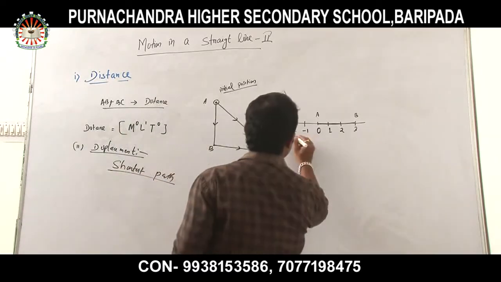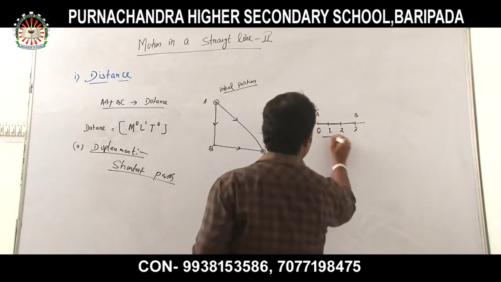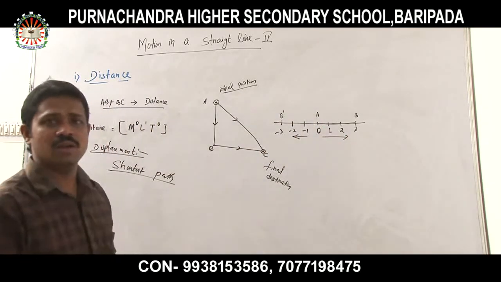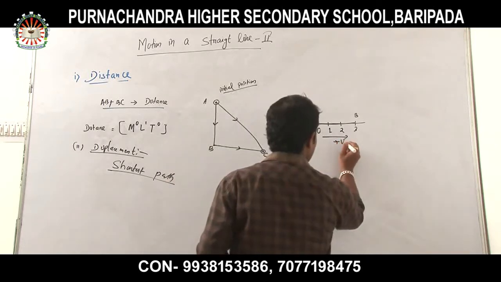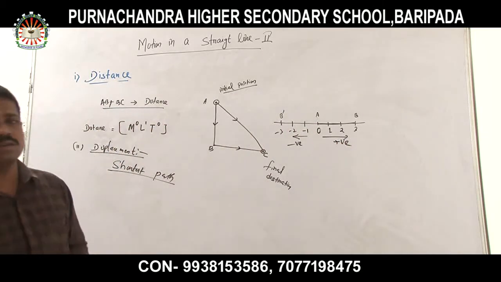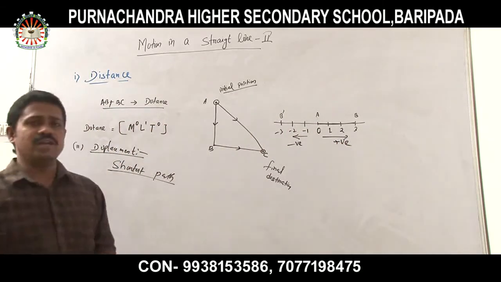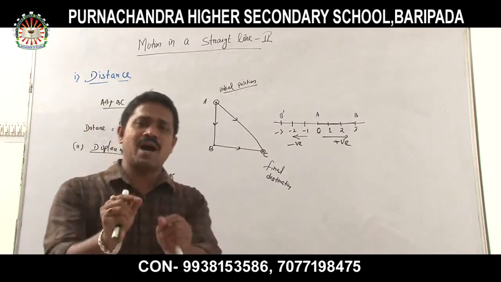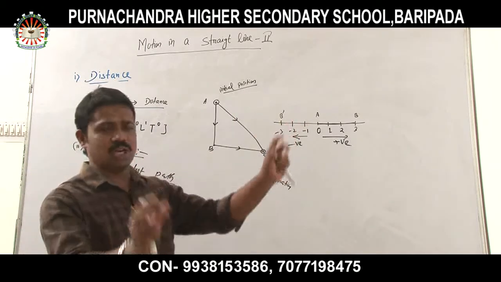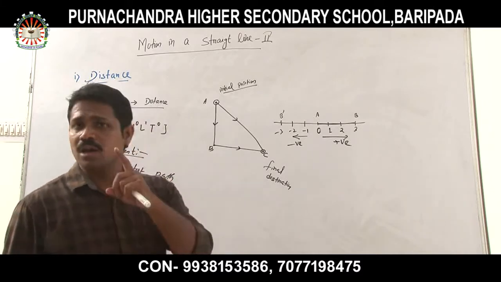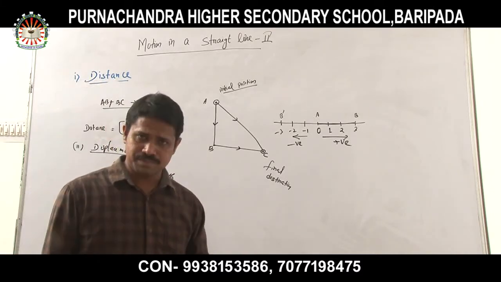This one is right of A, this one is left of A. So displacement is the shortest path between the initial and final position. Number one. Number two, it is a vector quantity.